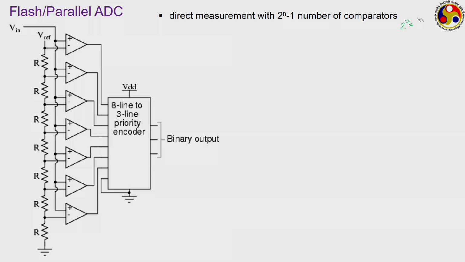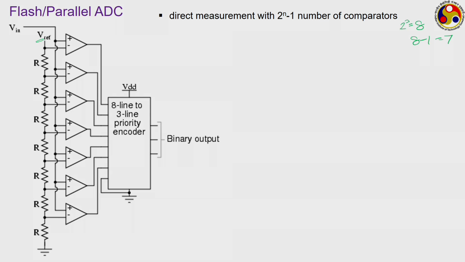So there will be 8 minus 1, that is 7 comparators, as shown here. Now there is a reference voltage, Vref, and then there are 7 resistors of equal value R. You can see there are 7 resistors and 7 comparators.